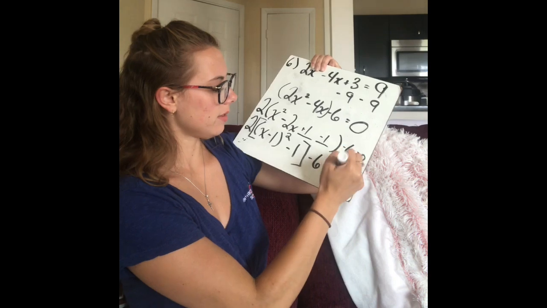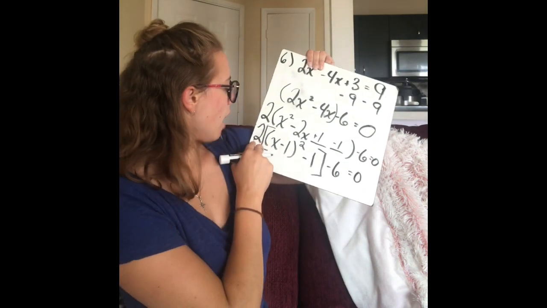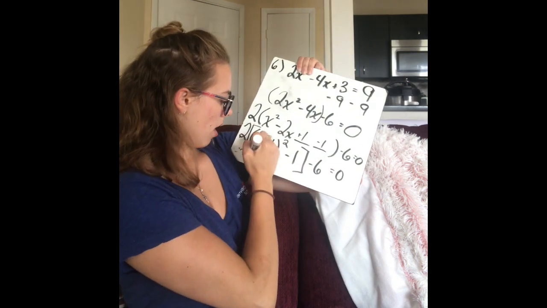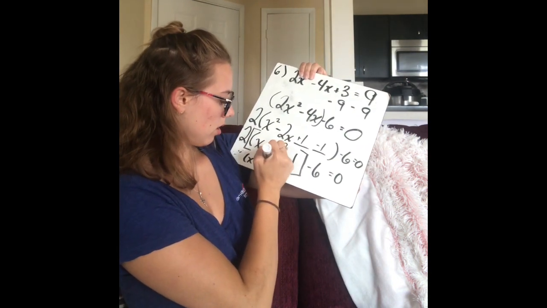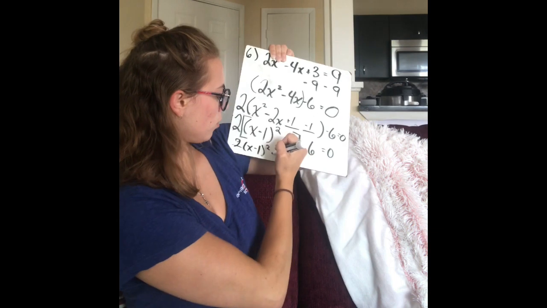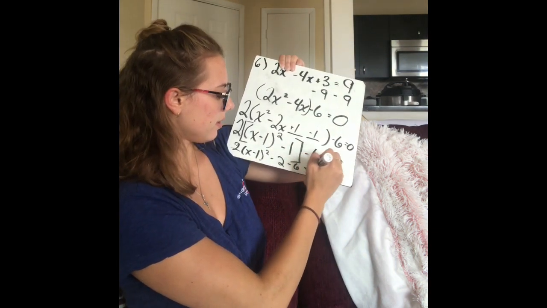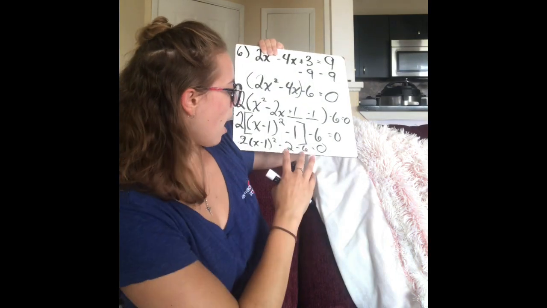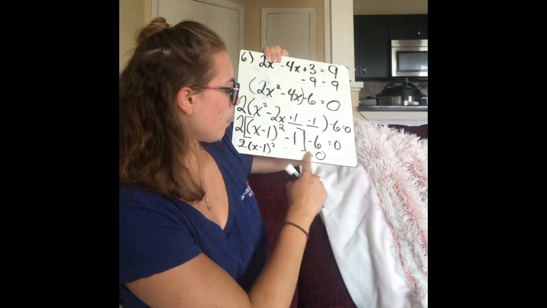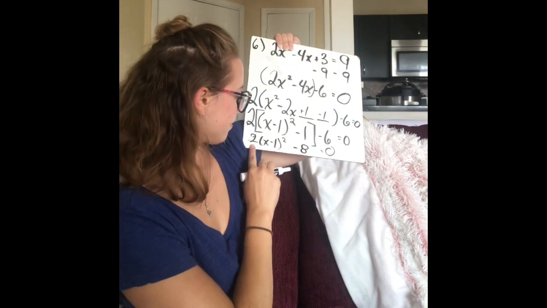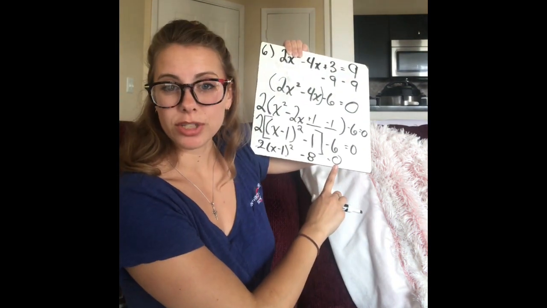Minus 6 equals 0. I'll distribute this 2 into my negative 1. So 2 times x minus 1 squared, minus 2, minus 6 equals 0. I'll bring this together. I end up with negative 8. And this is what we were looking to achieve here.